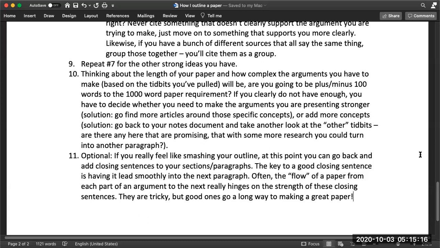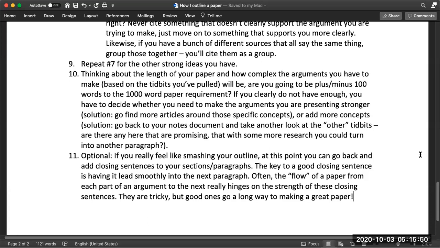I tend to do this at the end of my process, like when I'm finishing up my rough draft, because I find it very difficult. But something might occur to you, or it might be a very easy transition from one idea into the next idea. And so, your closing sentences to your paragraphs might just sort of appear in your head, in which case, great, wonderful. Stick them in there, and that's one less thing you have to do.